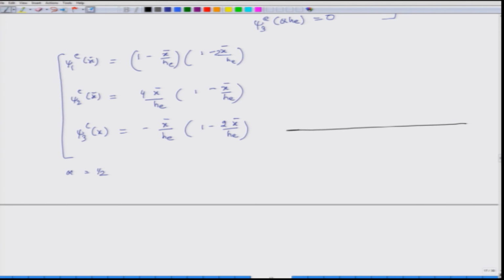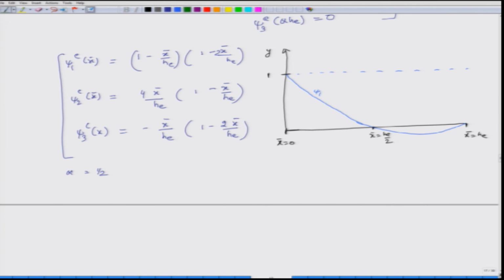And if you plot these, suppose this is x bar equals 0, x bar equals h^e, and here x bar equals h^e over 2, and that is your y axis, and this is 1. Then your first function psi 1 varies like this.